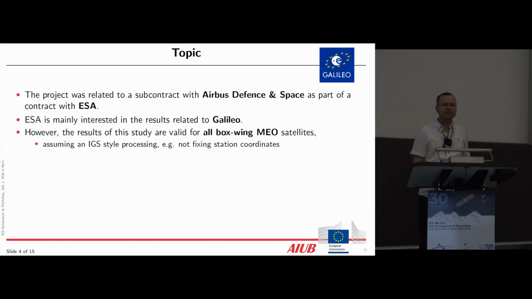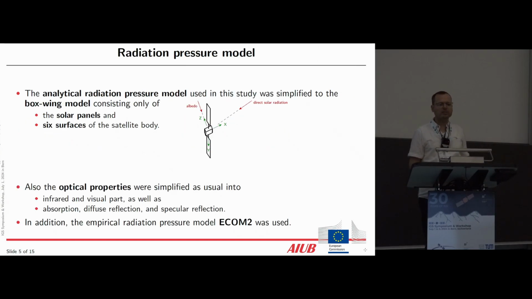Besides the analytical radiation pressure model, the box-wing model, we also have the usual conventions that the optical properties were simplified to infrared and visual part, and to absorption, diffuse reflection, and specular reflection. And in addition, we also again used ECOM2.